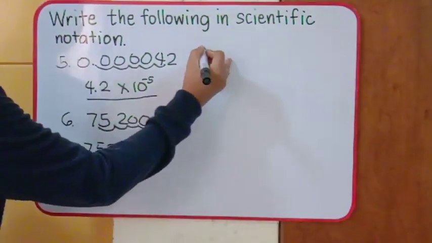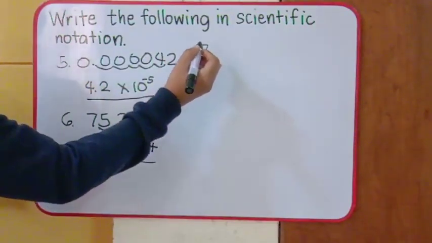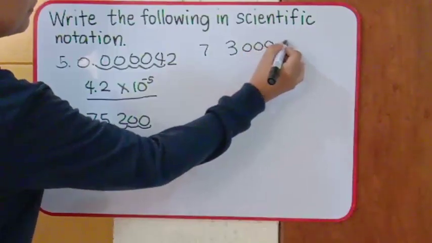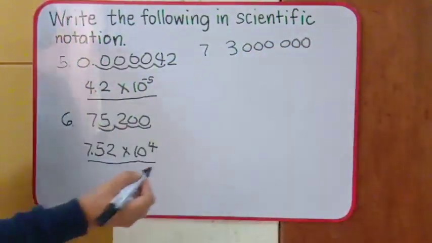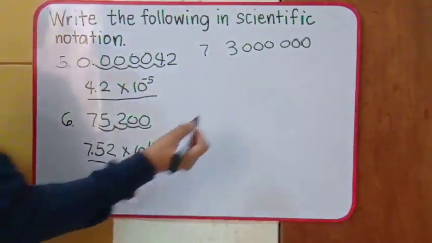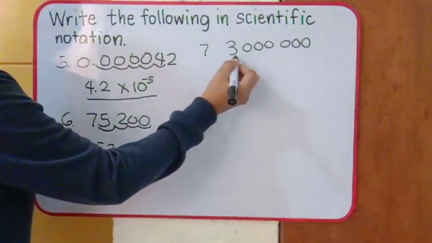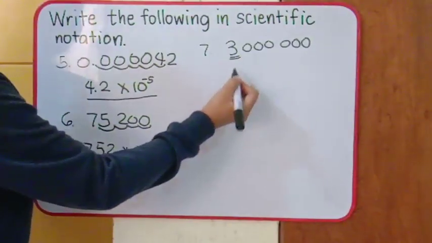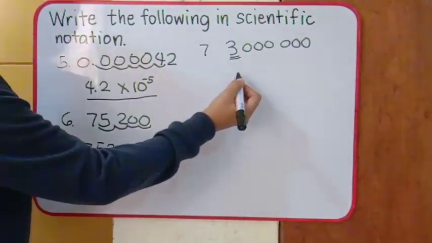Now we have example number 7. And example number 7, we are given the number 3 million. Okay, so we will change it to scientific notation. So since we have here one significant digit, which is greater than 0, so we have here 3, and 3 is greater than 1 but less than 10.